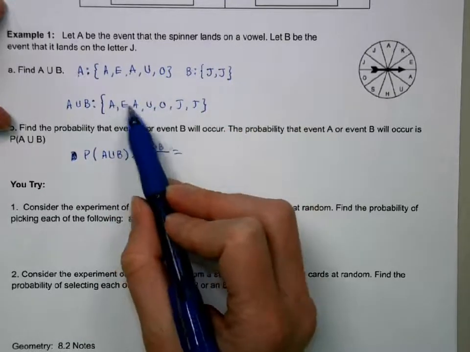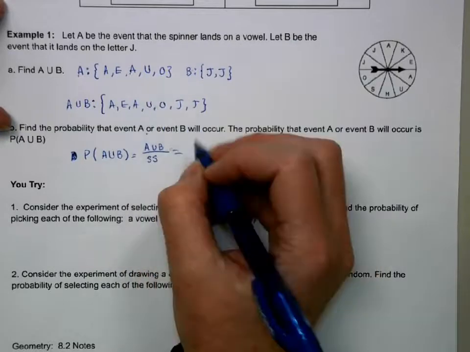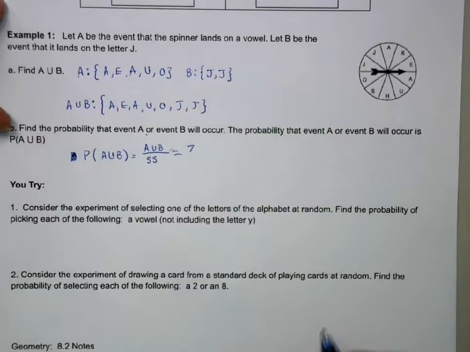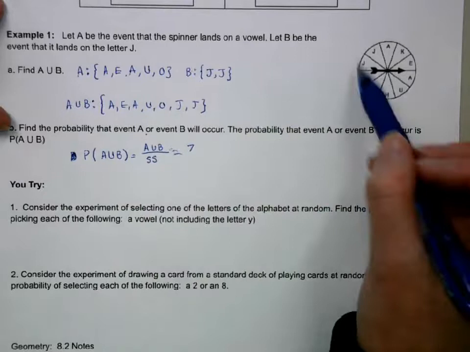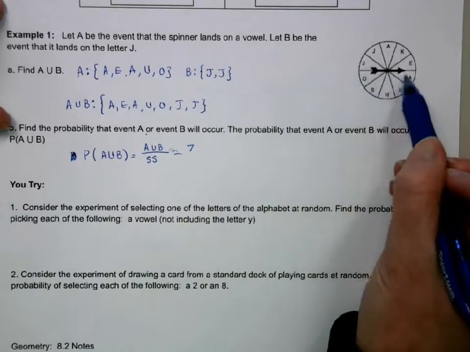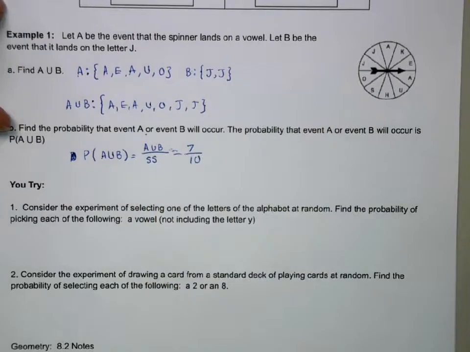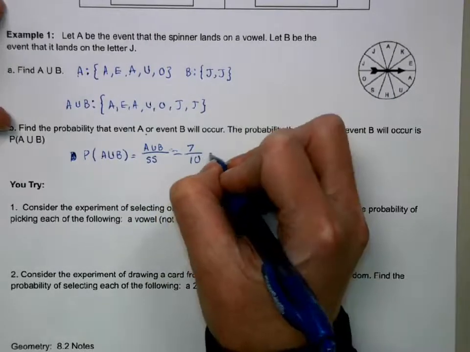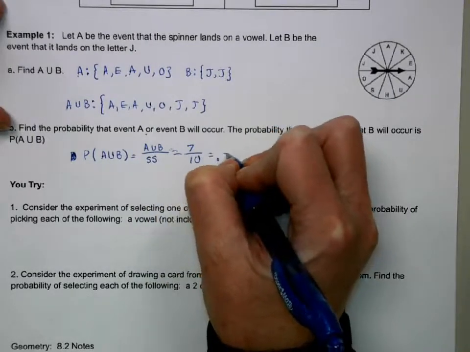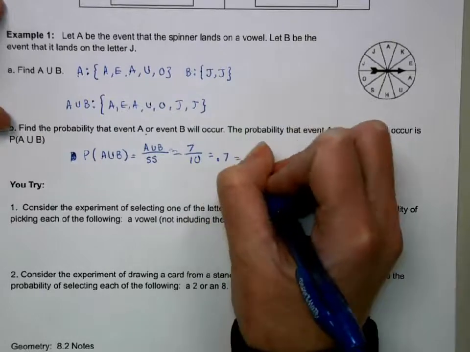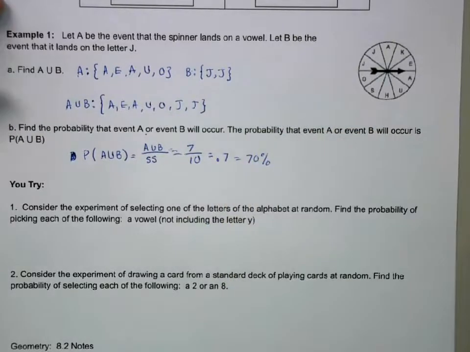So here we've got 1, 2, 3, 4, 5, 6, 7 outcomes that are favorable. On our circle here, we've got 1, 2, 3, 4, 5, 6, 7, 8, 9, 10 possible outcomes. So we can do this, 7 out of 10. You can write it as 0.7, or you can write it as 70%. Those are all acceptable ways to represent probability.